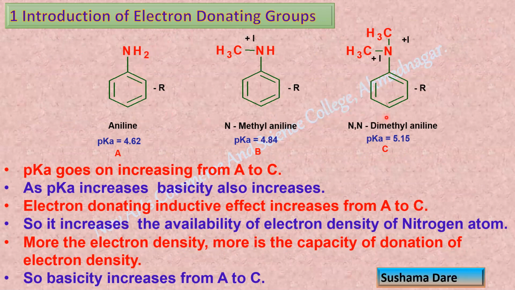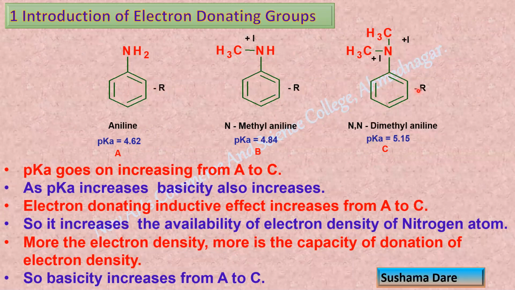Now, in this example, we are talking about the electron donating group we are going to introduce on the nitrogen atom. So, aniline, no electron donating group. In N-methylaniline, one methyl group is attached to the nitrogen atom, and in N-dimethylaniline, two methyl groups are attached to the nitrogen atom. So remember, in all the examples, the minus R effect is present, that is shown by the phenyl ring.